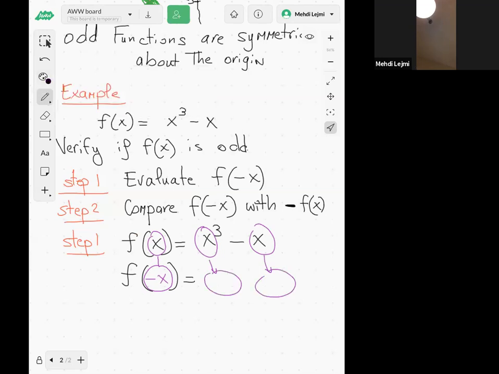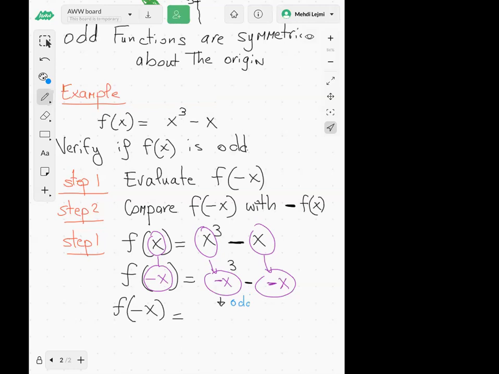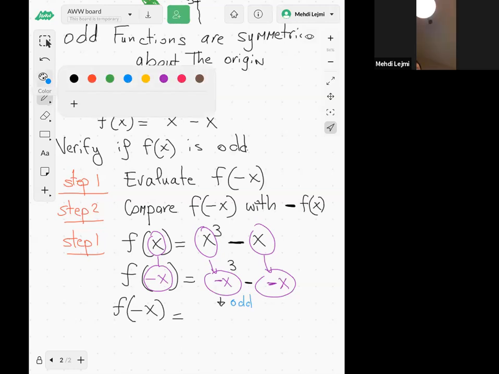Okay, so there's a cube here. There's a minus, so minus x becomes minus x. So here's my minus x and here's my minus x. All right, so this is f of minus x equal to, the first one here, because the power is odd, this stays negative. So it's just minus x cubed.